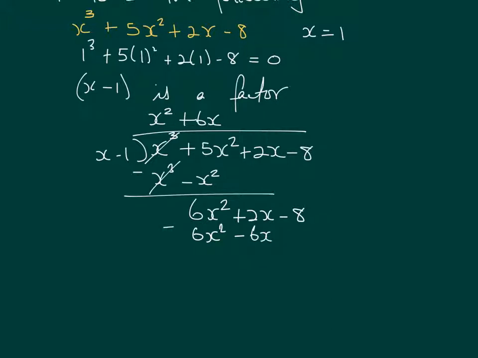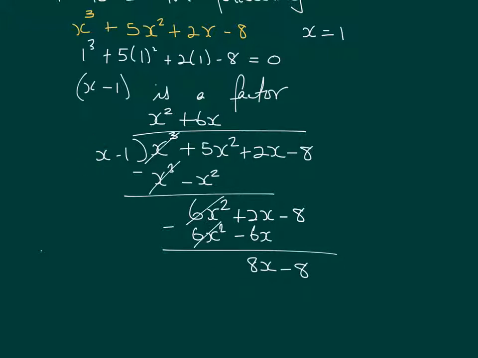Take away, and 6x squared take away 6x squared cancels out. Then you've got 2x minus minus 6x, that becomes a plus, so that becomes 8x. Bring down this minus 8 here, and go again.